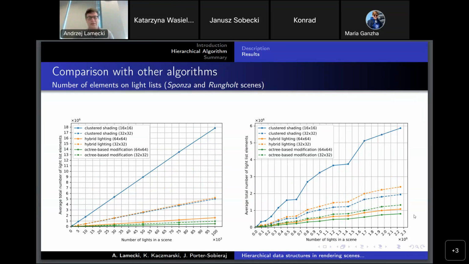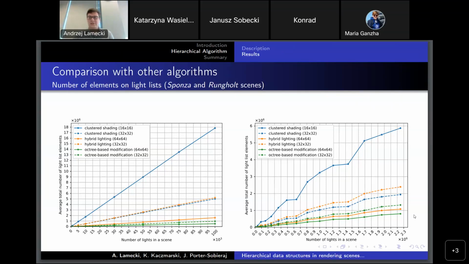Here we can see graphs showing the average total number of lights or light list elements during the rendering process. We use this to approximate the memory requirements for rendering of the scene.